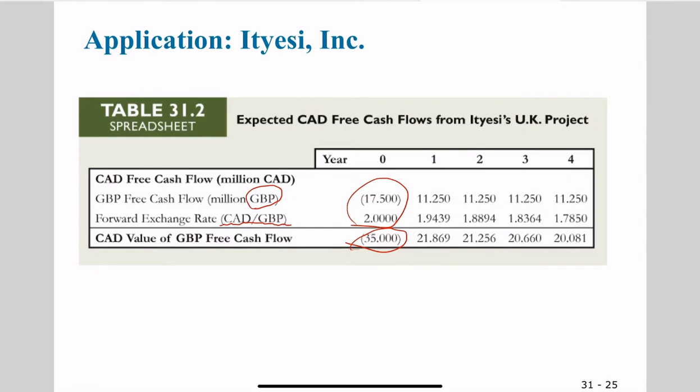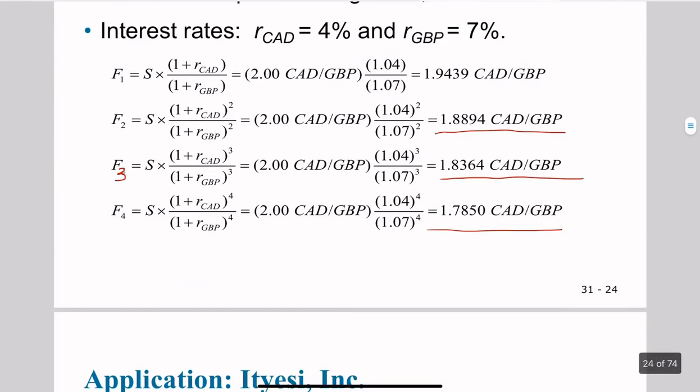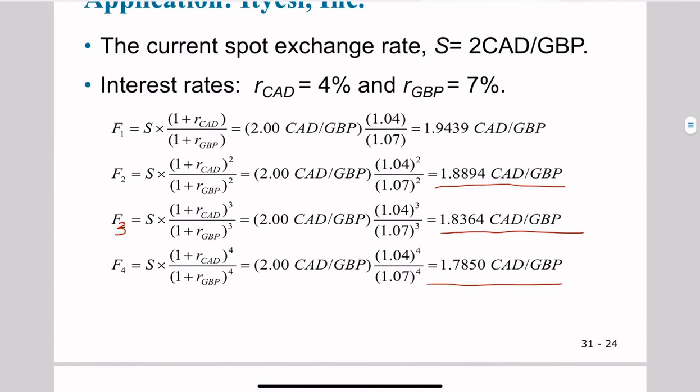The only caveat here, compared with the previous chapter, is you have to do the currency conversion using the forward exchange rate. And the further complication is, if I don't tell you what the forward exchange rates are, you have to solve for them using the covered interest rate parity learned from chapter 30.